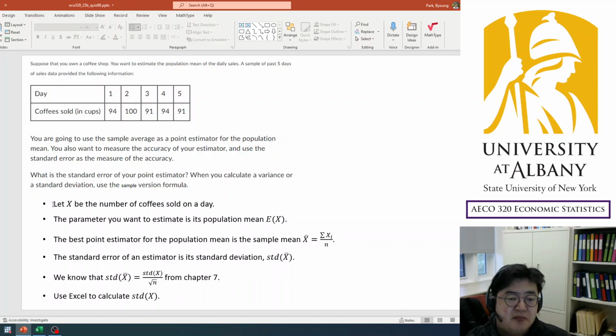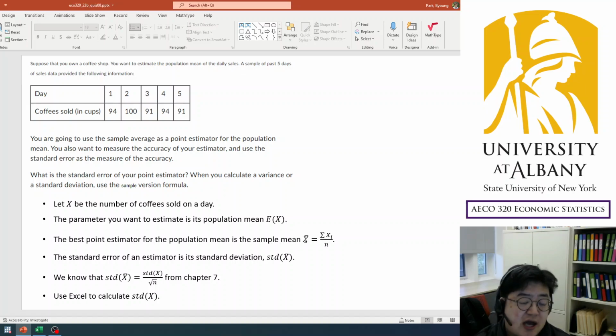First, let's think about x. Define the random variable x as the number of coffees sold on a day in your coffee shop. And the parameter of interest is the population mean, which is the expected value of the random variable x. It is unknown; it is known only when you have an infinite number of observations. And the best point estimator for the population mean is the sample mean.